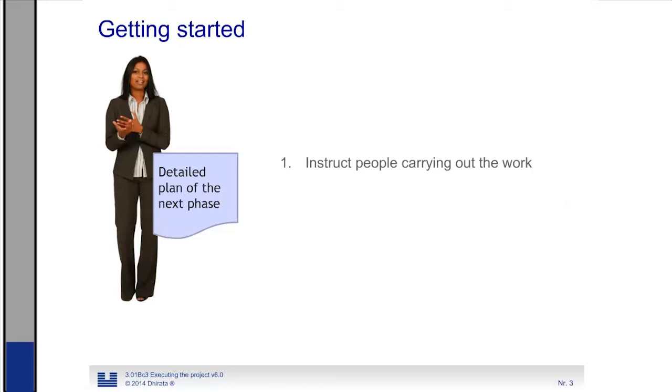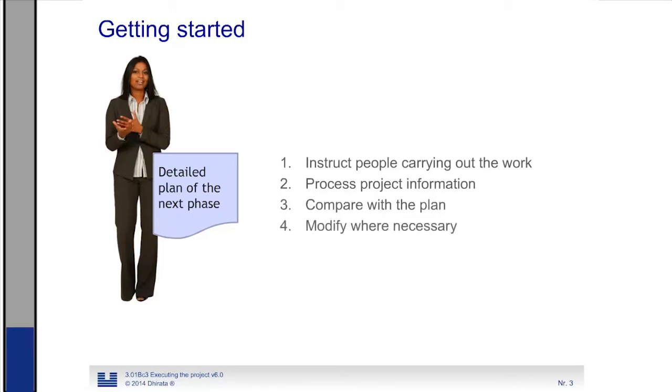Firstly, he needs to instruct the people that are carrying out the work. Then he needs to process the information about the project. He needs to compare that with the original plan and modify the plan or modify the way of working when it is necessary to reach the goals of the project.